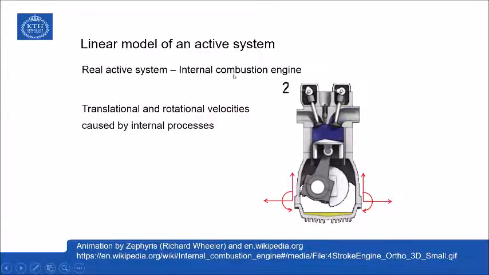In this case, this is an example. So if we have this combustion engine, you can see that we have a lot of rotating and translating components that creates internal forces. And these internal processes will of course create velocities and rotations in the points on the surface of this engine. And that represents of course the internal sources.